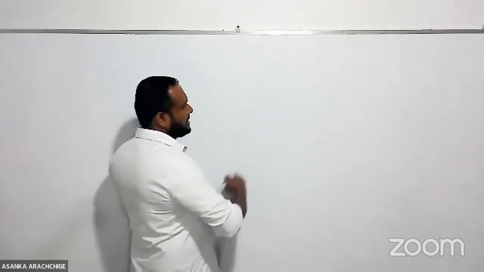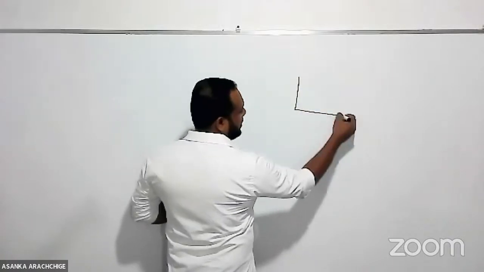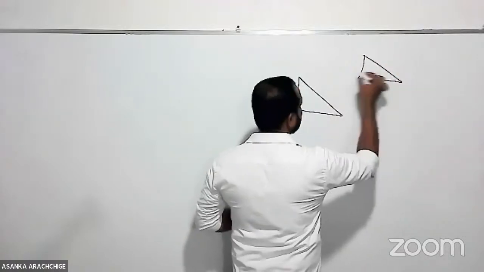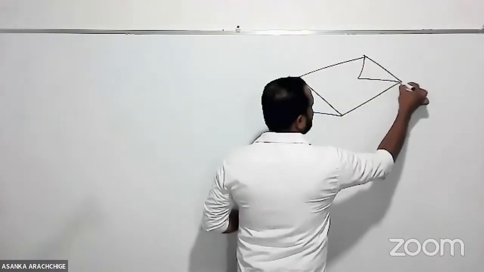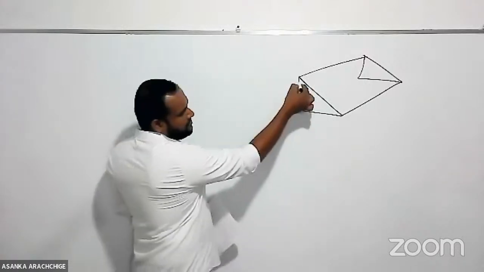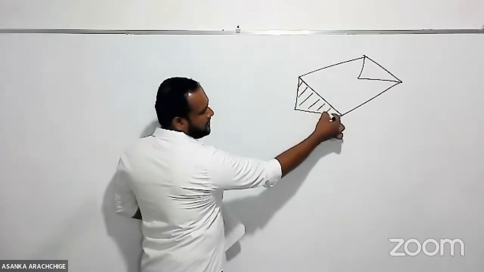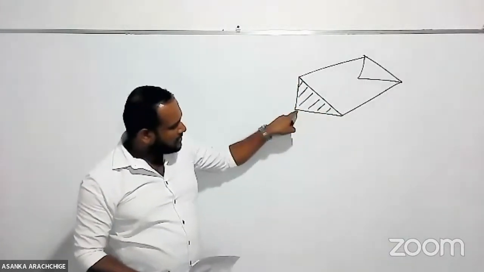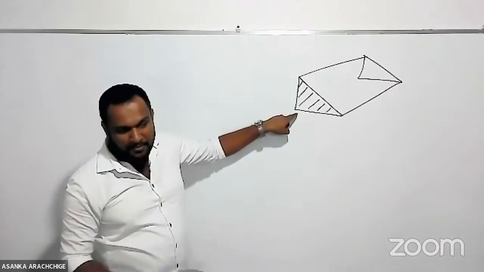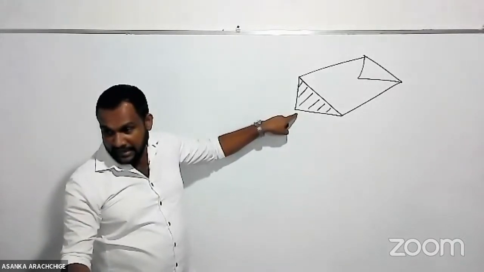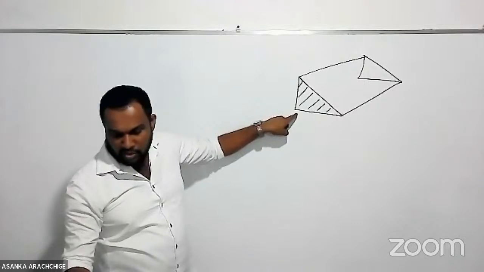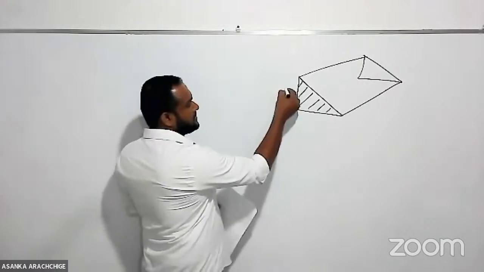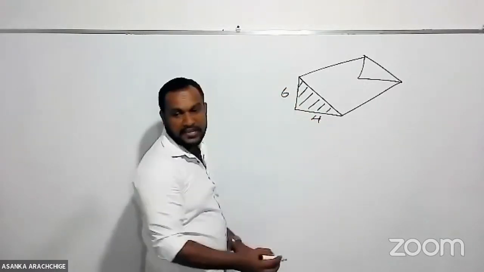First, you need to identify the uniform cross section. In the triangular prism, the triangular cross section is the uniform cross section. That is a right angle triangular cross section. We are given that this is 6 centimeters and this is 4 centimeters.